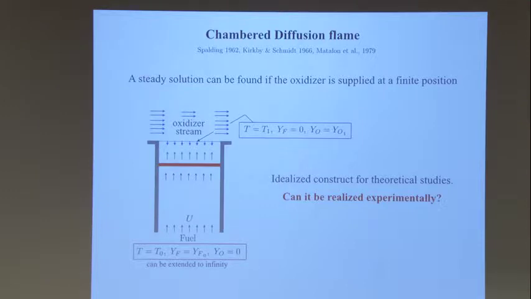The alternative is perhaps what we have referred to as a chamber diffusion flame, namely a situation where you assume the fuel may come from negative infinity. Sorry, I turned it around simply because this is a more natural way to draw the picture.